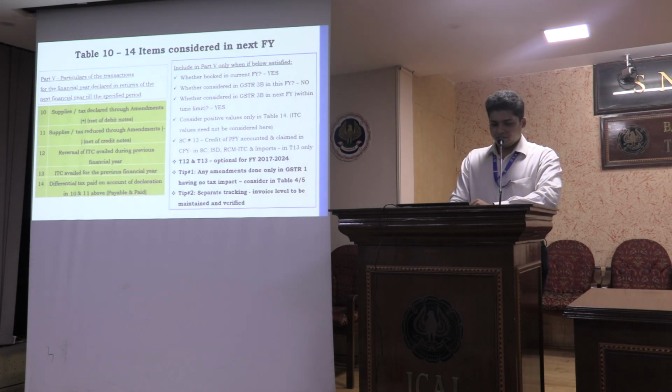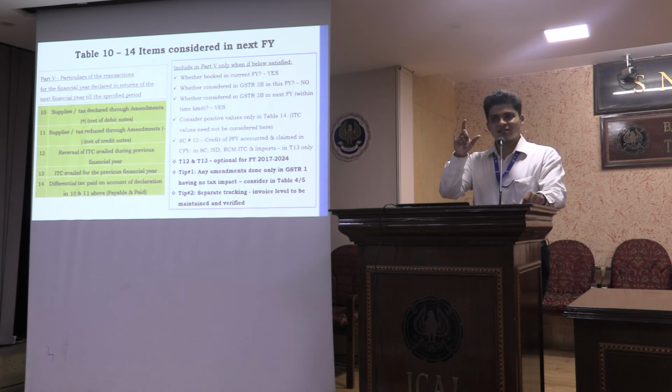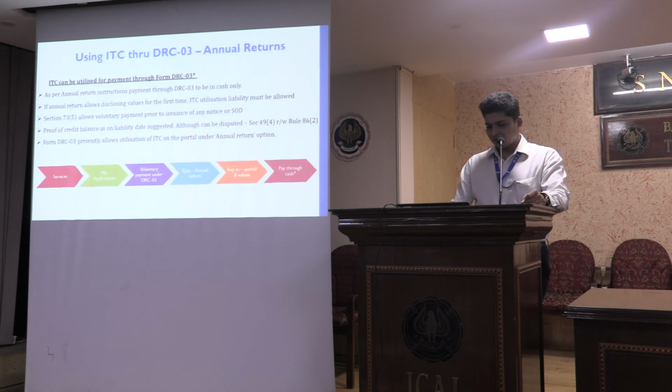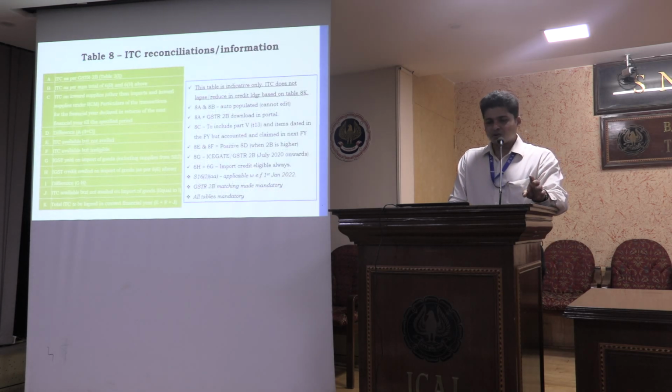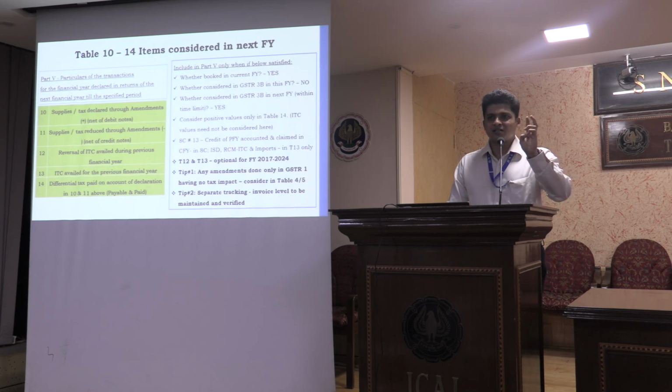In table 13, it is ITC availed for the previous financial year which is declared in the returns of the next financial year in the specified period. Both the wordings are same, the only difference being in table 8 you should not disclose imports and RCM related ITC, but that can be disclosed in table 13. Secondly, and more importantly, table 8C is to match GSTR 2B.